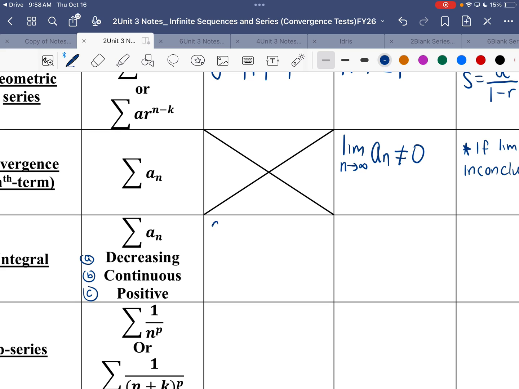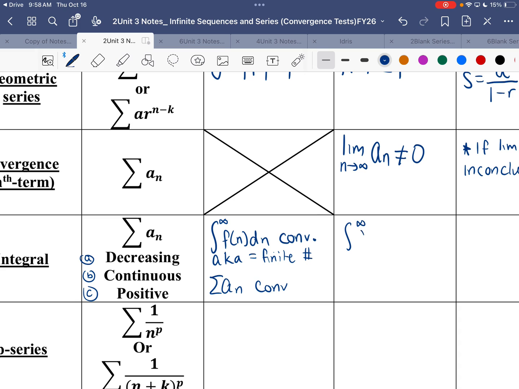If you get the integral converges to some number, so aka getting that your limit equals some finite number, then the series converges.